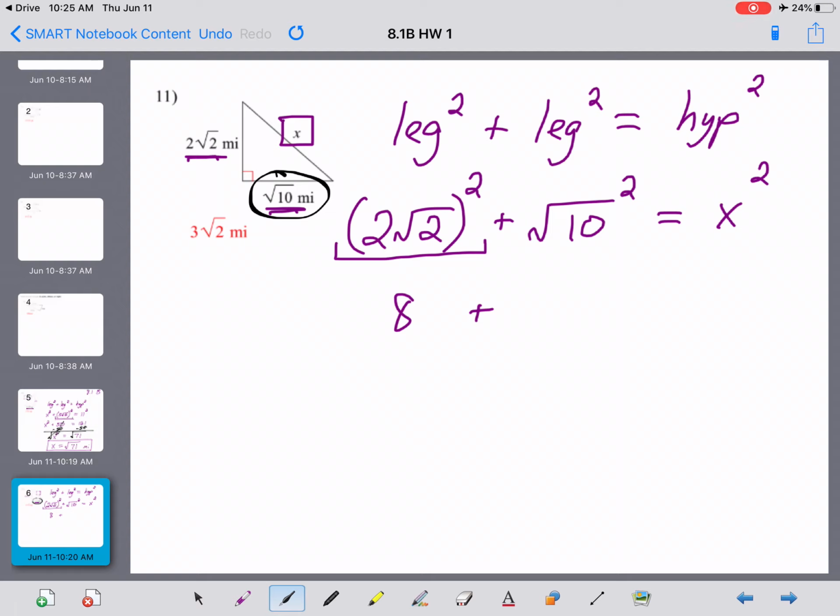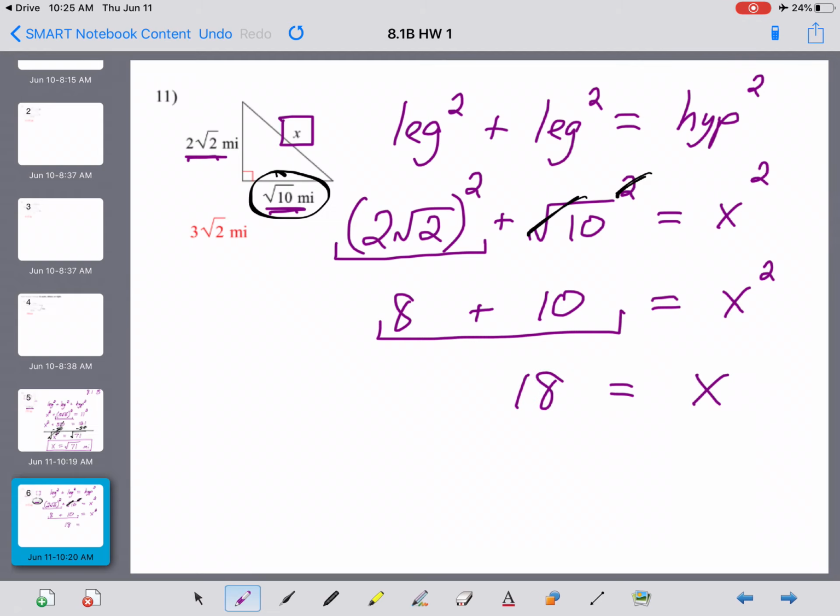Now, when you take the square root of 10 squared, the square and the square root cancel each other out, just leaving you with what was your original radicand, which is 10. So 8 plus 10 is equal to x squared. We're going to add those two like terms now and get an 18 is equal to x squared. And we need to undo the square on x by doing a square root on both sides. Square and the square root cancel. So that's going to get us x is equal to.